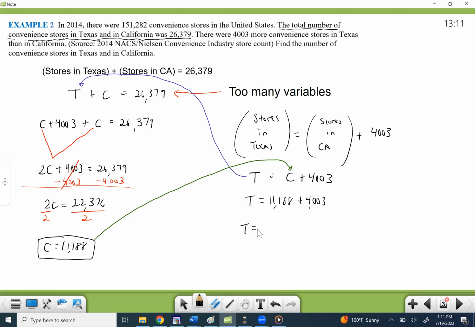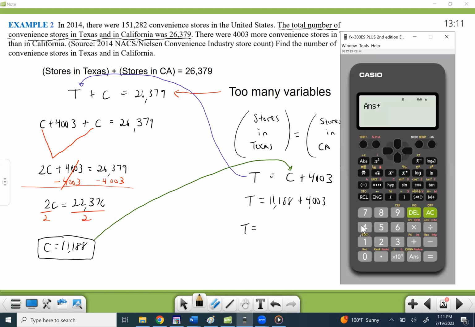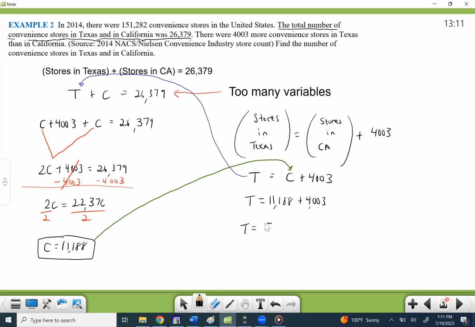So the number of stores in Texas is 15,191. There we go.